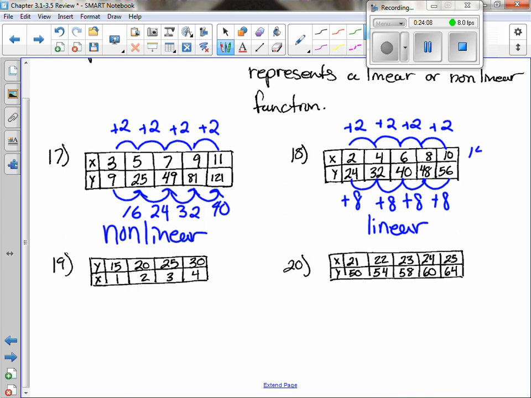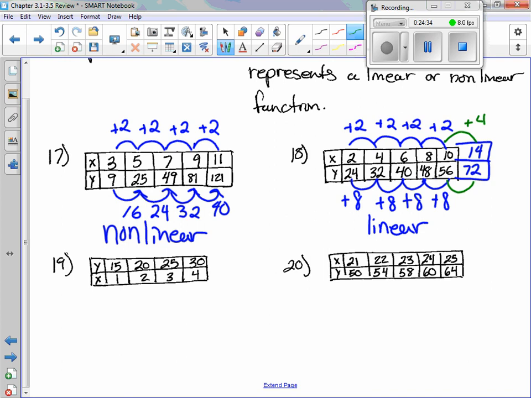Let's say I added 14 and these two here. So this here would be plus 4, yes? What would this be here? Would be 20. What's 72 minus 56?